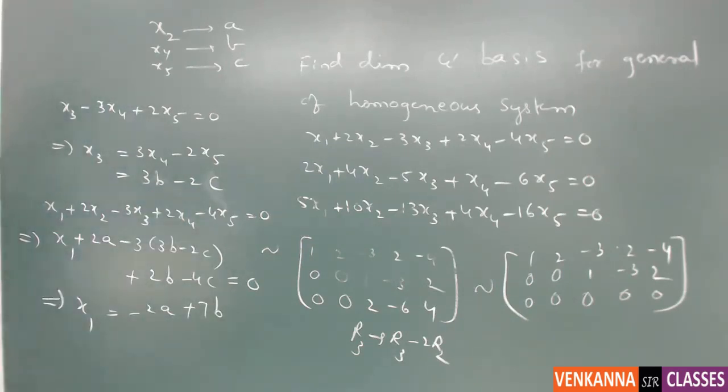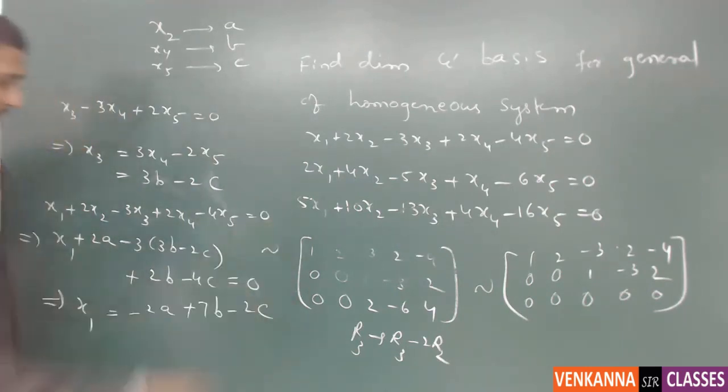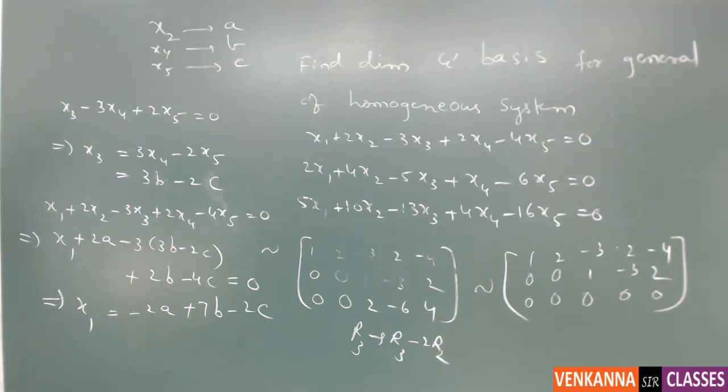Plus 7b minus 2c. Accepted? Yes or no? Right.